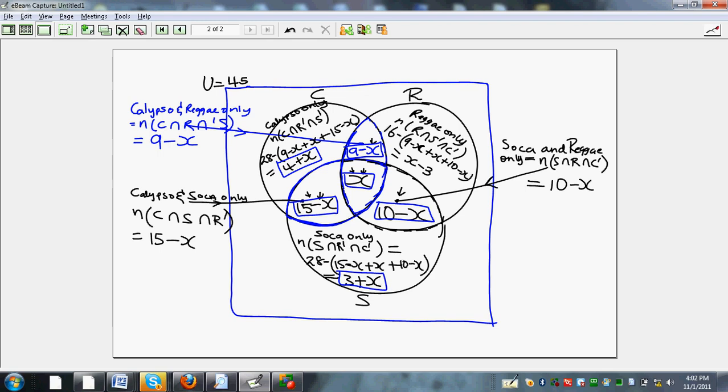So you write something like 45 will be equal to, and you add up all the areas, 4 plus x plus 9 minus x plus x minus 3, forgot to include this one here, plus x minus 3.